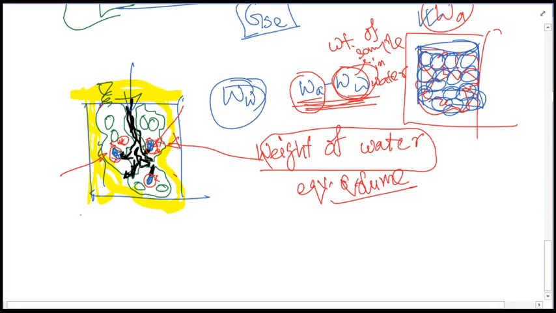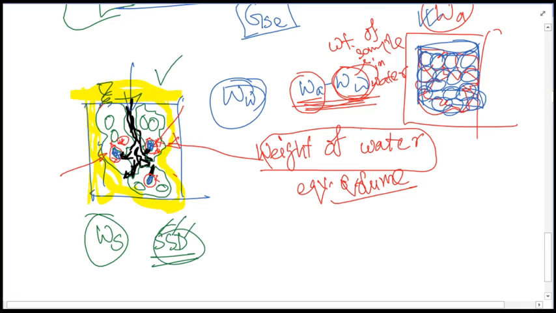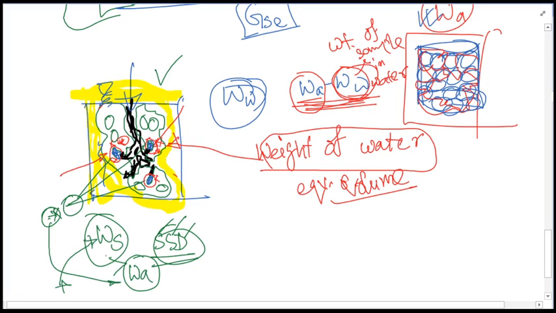So the measurement you will get is WS, the SSD weight, the saturated surface dry condition weight of this aggregate, which will be greater than WA. To the extent of this additional water portion, weight will be added to WA to get WS. So this is the difference between WS and WA.